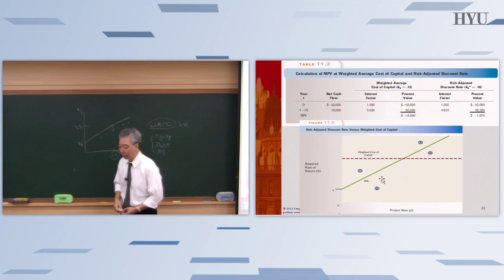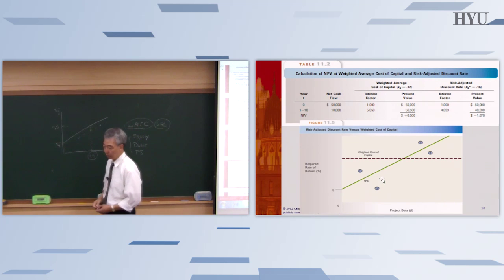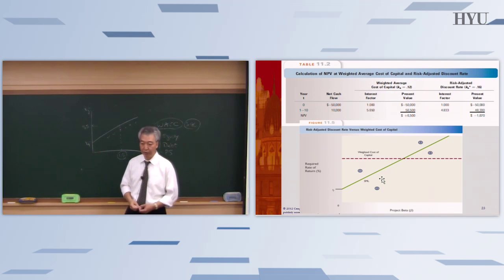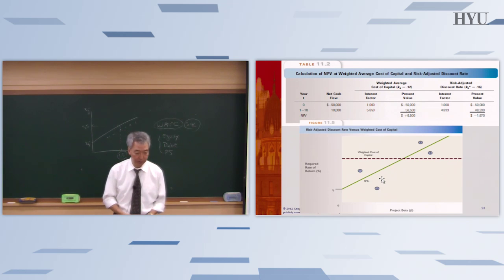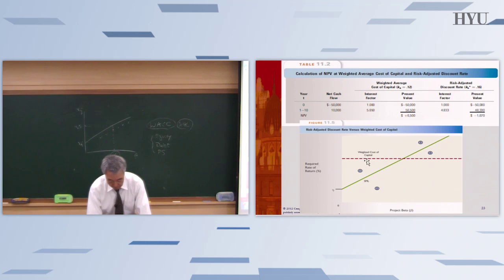Then they can use the 3% to discount the future cash flow of any project and calculate net present value. And if the net present value comes out to be positive, you will accept the project. If it's negative, you will reject the project, and so on. That's what the red dotted line is talking about.